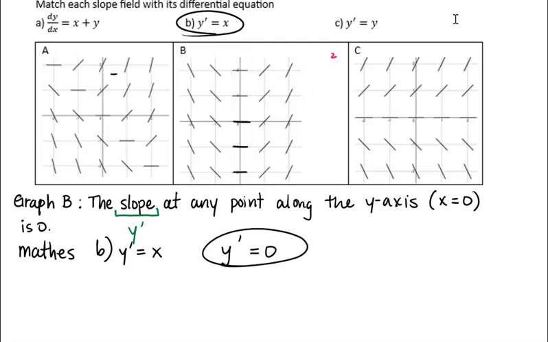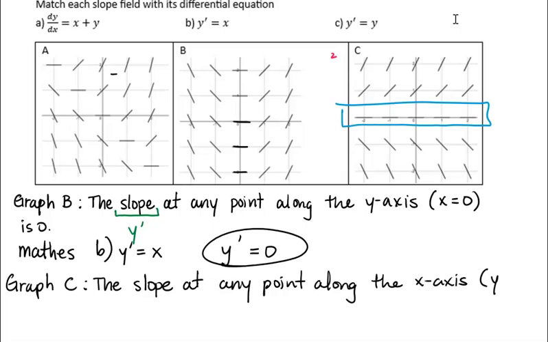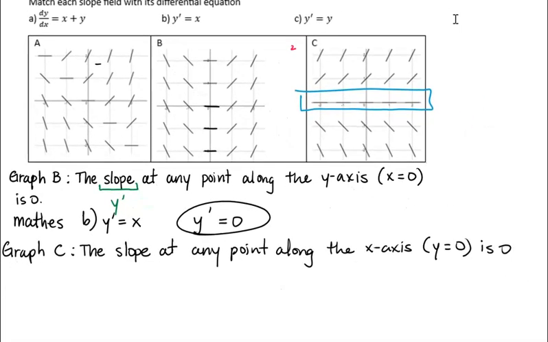Now let's go on and make another observation in graph C, where we can see that the slope at any point along the x-axis is 0. First I'll just write that observation. And the x-axis is the horizontal line y is equal to 0.